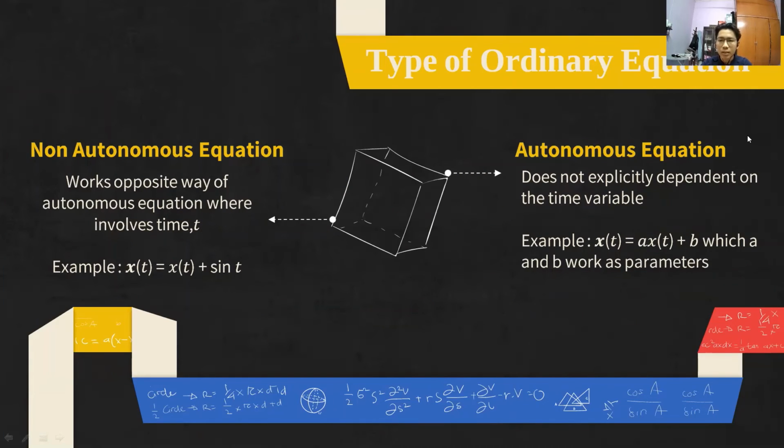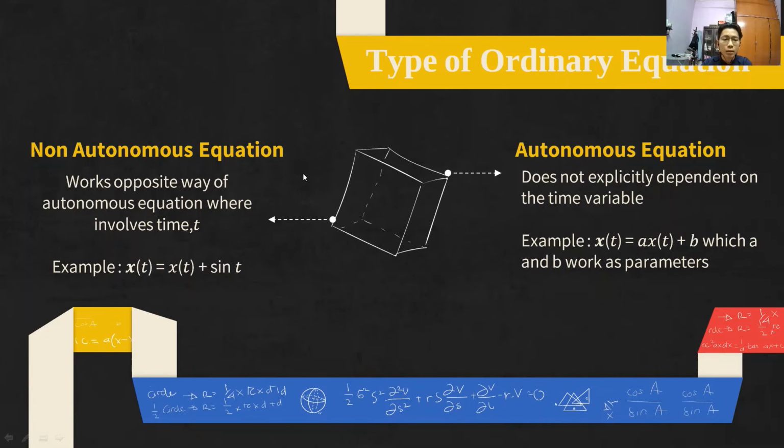Next, there are two types of ordinary equations. The first one is the autonomous equation. An autonomous equation does not explicitly depend on the time variable. For example, x'(t) equal to a x(t) plus b, which is current GDP equal to a, where a is a parameter, x(t) is the previous GDP, plus b, also working as a parameter.